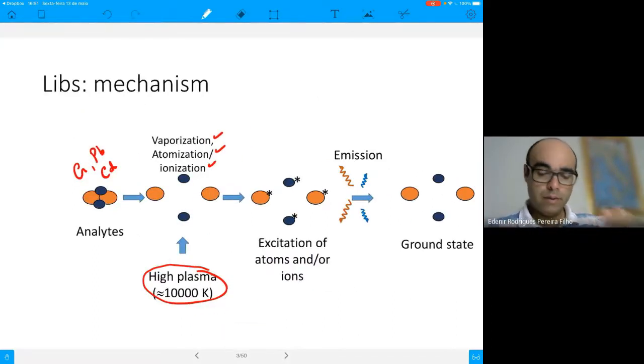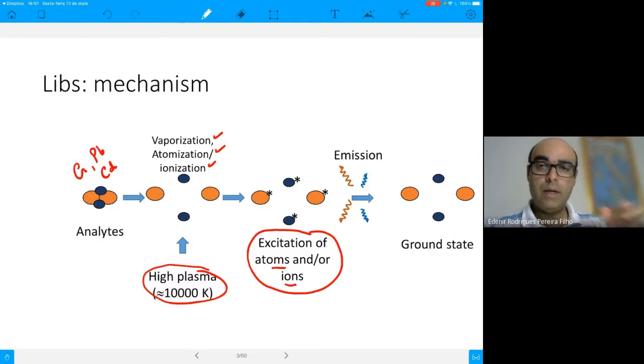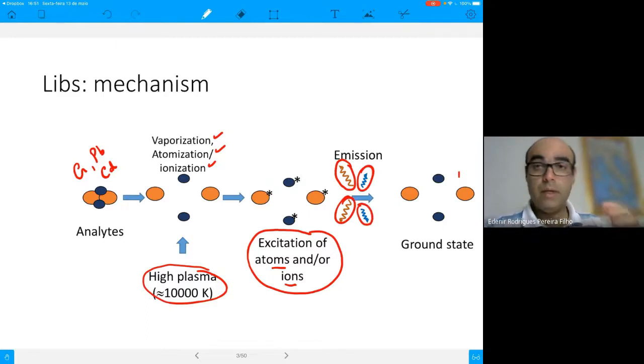These constituents can also present an excitation of atoms and ions. And then, after, we have an emission of these elements. And of course, this emission is characteristic of each element, and then we can perform quantitative or qualitative analysis.